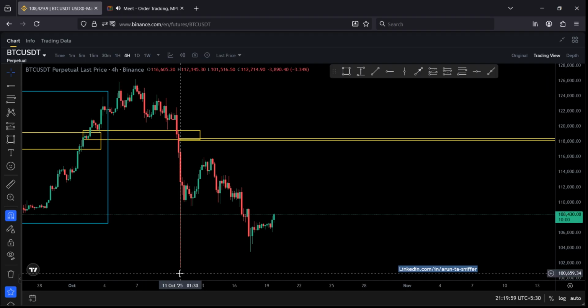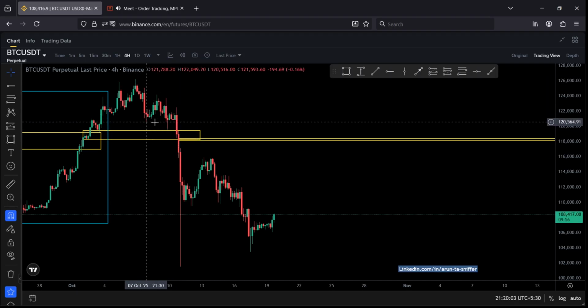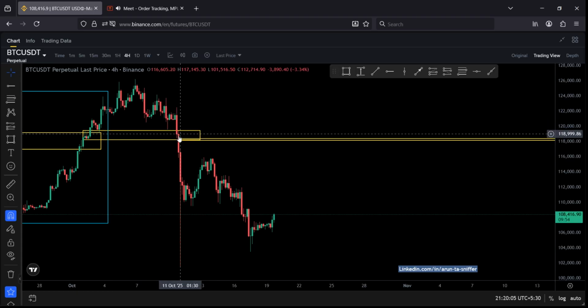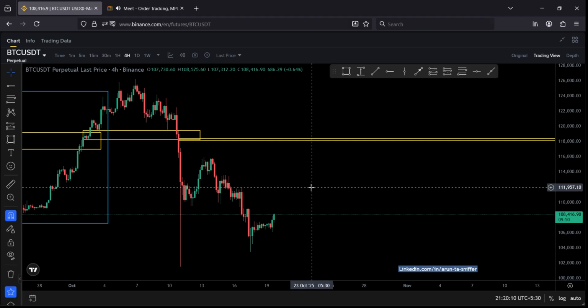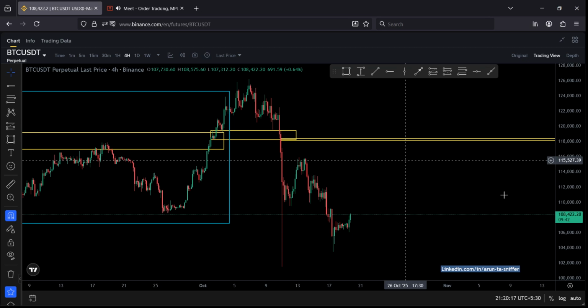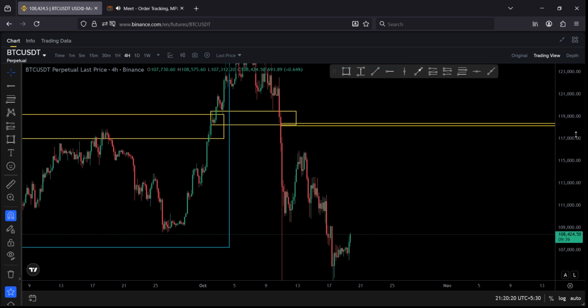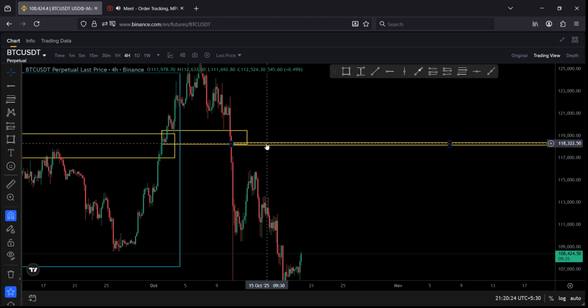We have lots of zones here, this one, this one, this one, and this one. So how will we find the important zones where we should look for the entry? These are the areas where we should look for entries or some activities. This one we found out, this one.